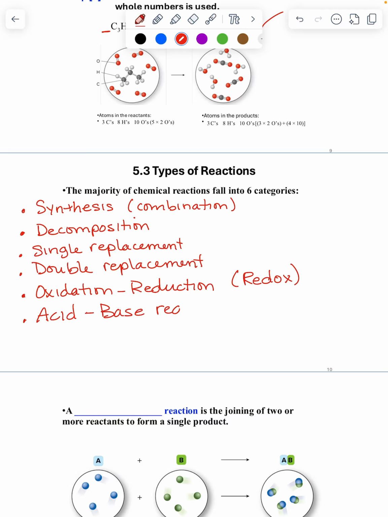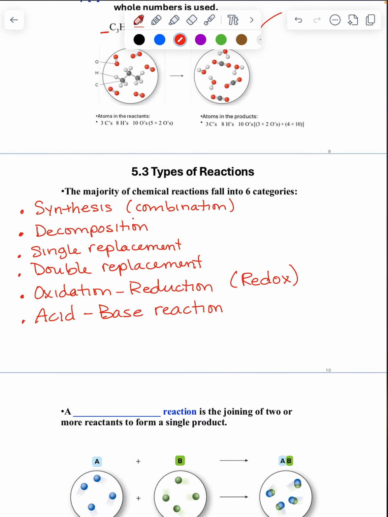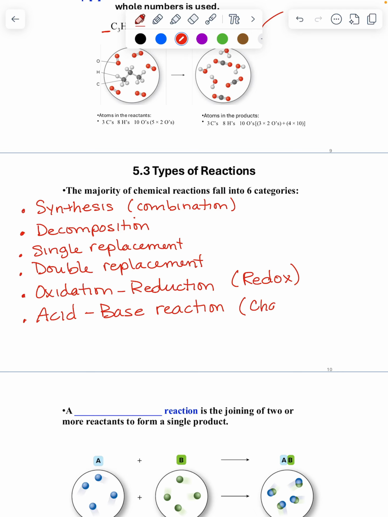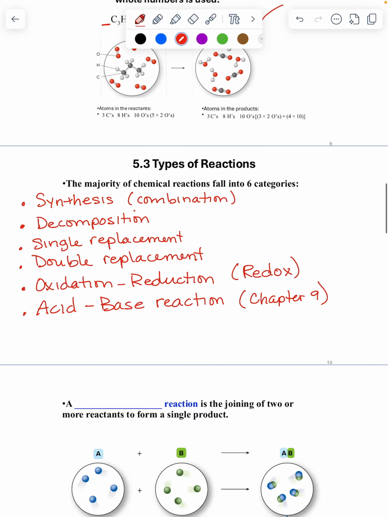The acid-base reactions, we'll talk more about in chapter 9. So we'll save that for a little bit later on. So let's just jump into these 5 types and look a little closer at what is happening here.